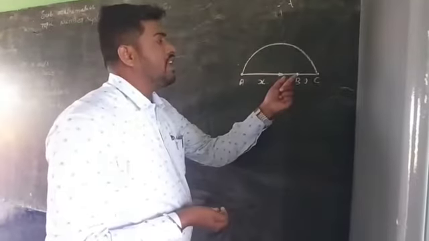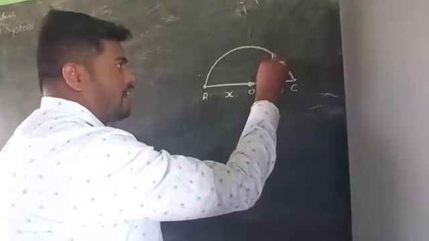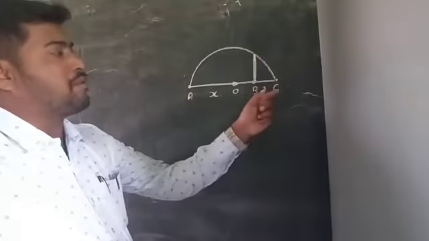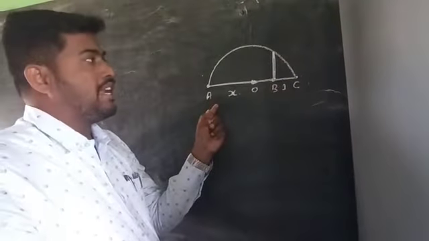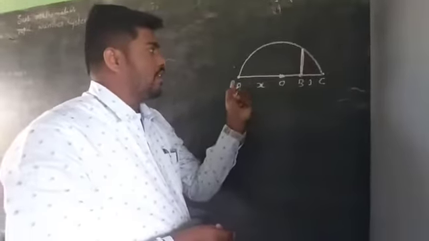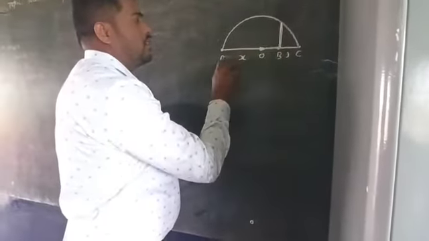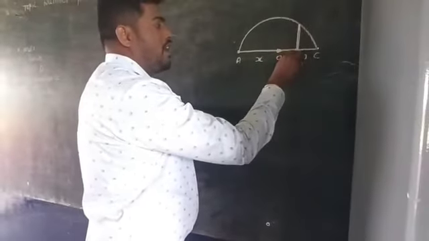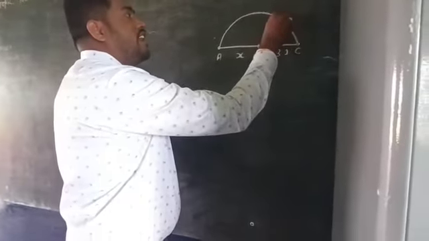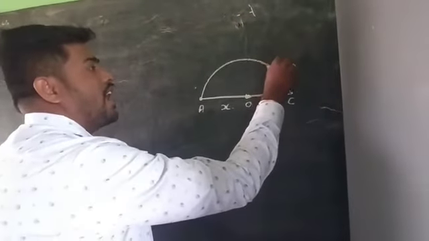And next, at B draw a straight line perpendicular to AC at the point B. This line intersects the semicircle at a point.